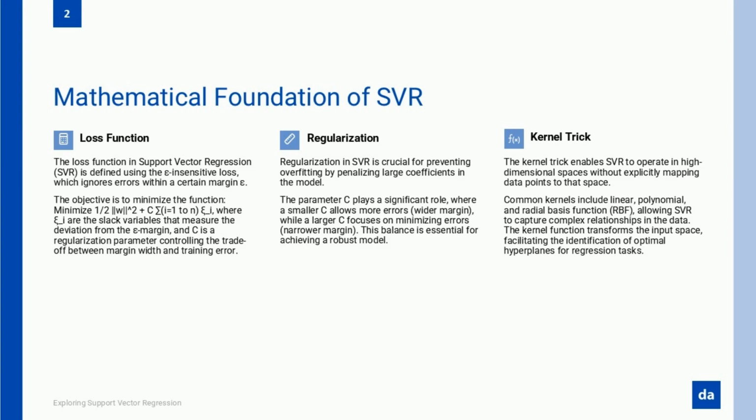This careful balance of flexibility, precision, and generalization is what makes support vector regression such a powerful tool. It is not just about finding a mathematical solution, but about understanding how to model real-world data in a way that is both efficient and insightful. Now that we have built this foundation, the next step is to explore how it compares to its cousin, support vector machines, and see where the real differences lie.